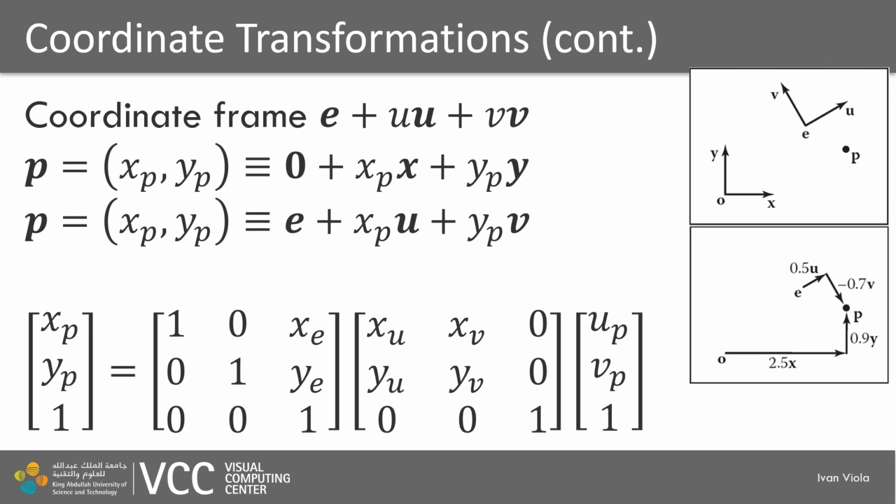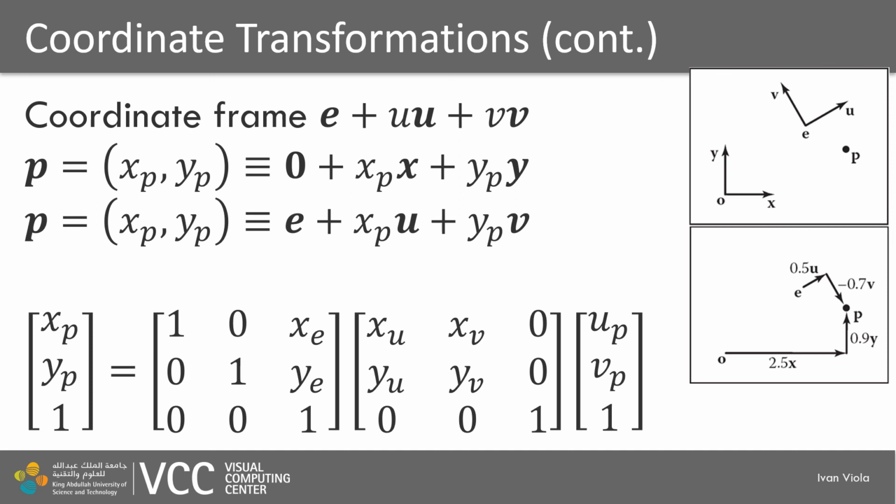In this two-dimensional case, which we can see here, we have a UV coordinate system, UV frame, and the canonical coordinate system, which is spanned by the axes x and y and defined by the point O as origin. And the UV coordinate frame has its origin at the point E.